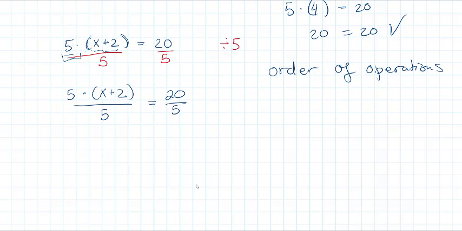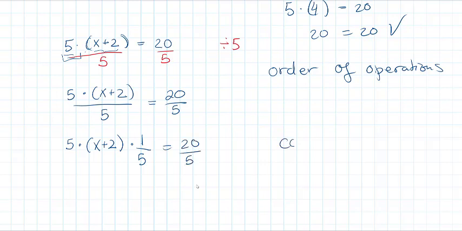I'm going to go real slow on this because I find that these steps are often very confusing when we first start working with equations. I'm going to write out the left-hand side a little bit more fully. So 5 times x plus 2, and instead of writing divide by 5, I'm going to write it as multiply by a fifth. That equals 20/5.